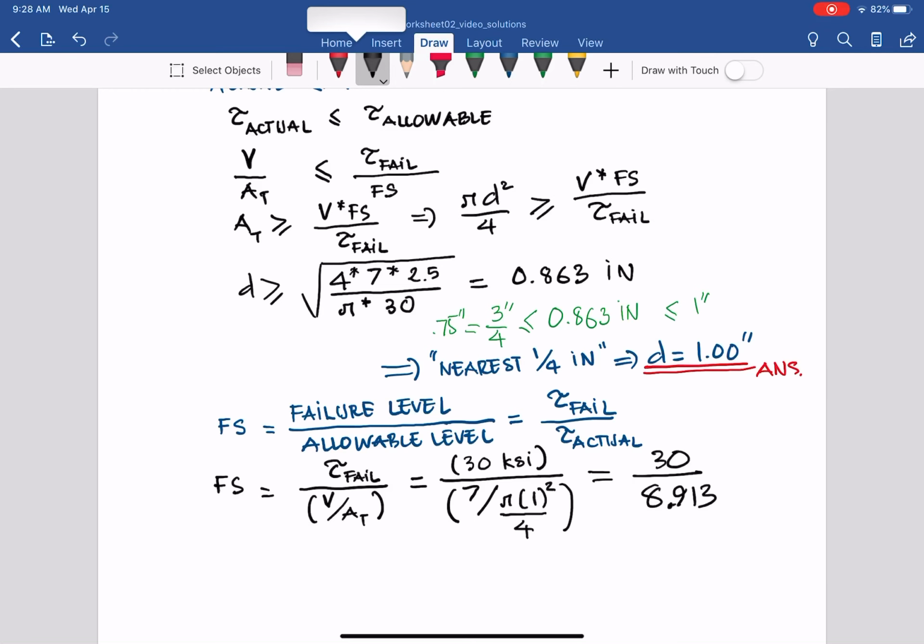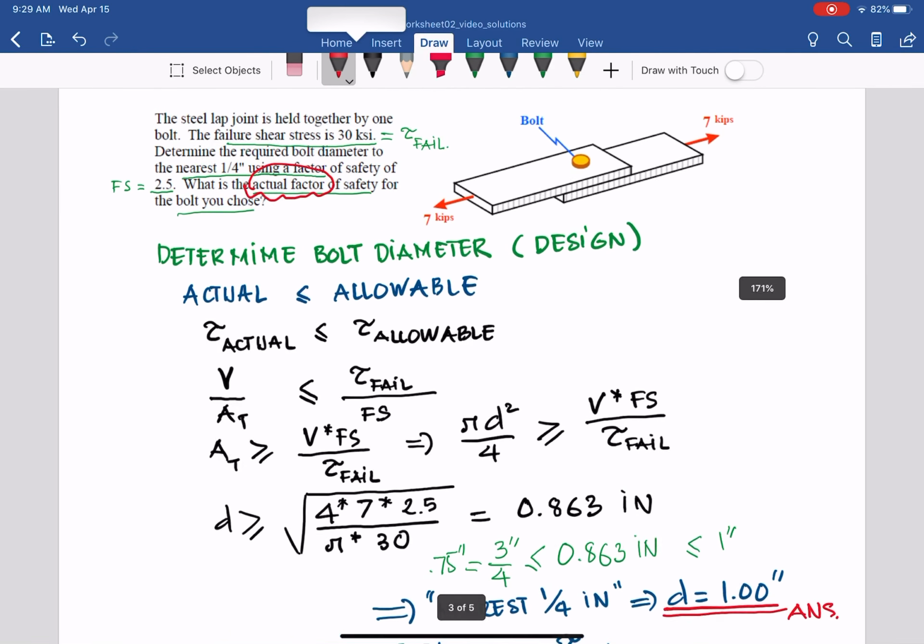So the actual factor of safety equals 3.37.